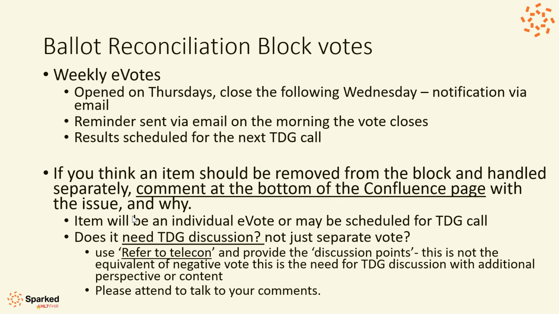That item would then be made an individual e-vote, or it might just be scheduled for a call. If you think that it doesn't just need to be treated separately, but you actually think it needs a discussion, not just a separate vote, that's when you use refer to telecom.